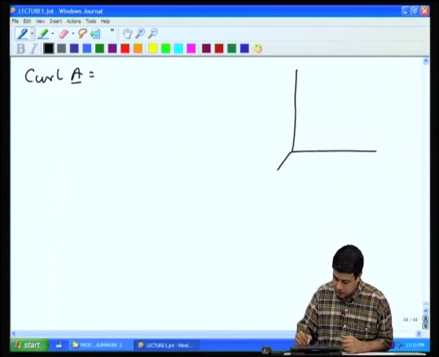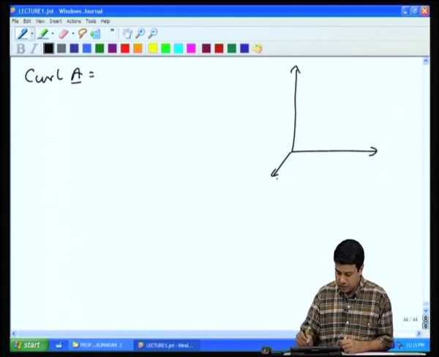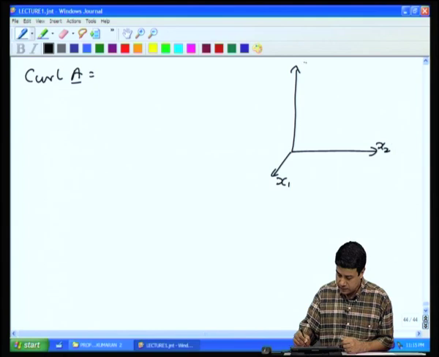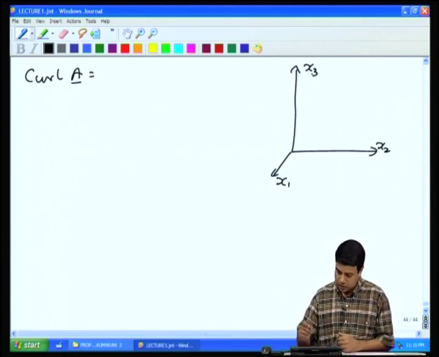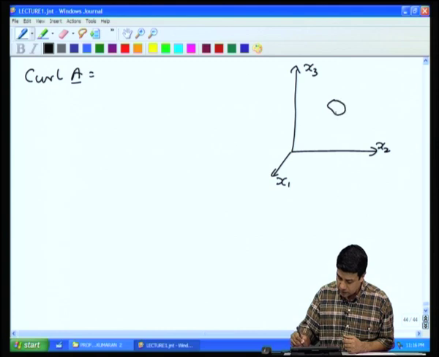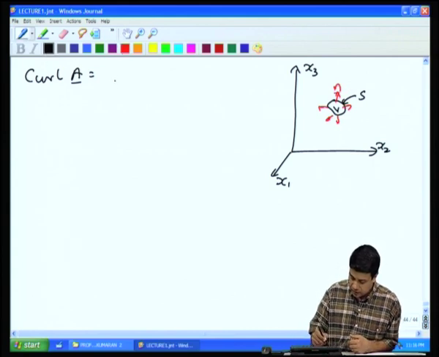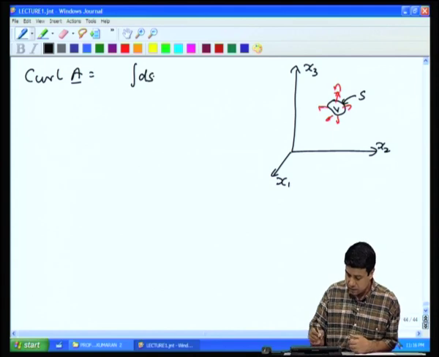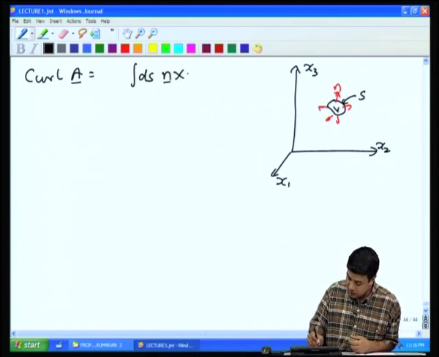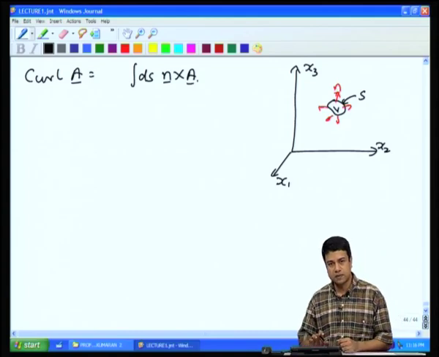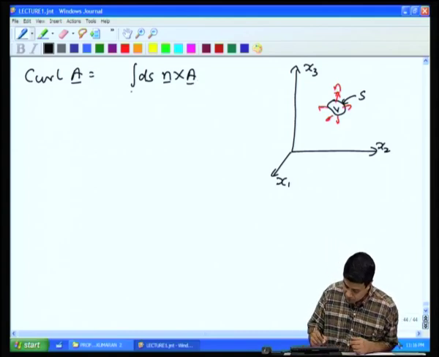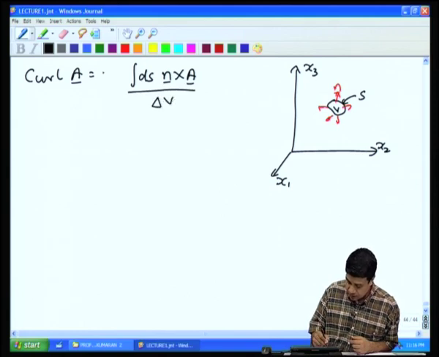Once again you have our coordinate system, x 1, x 2, x 3, and you construct once again a small volume V with a surface S. There is a unit normal at each point on the surface n, and the curl of A is defined as the integral over the surface of the unit normal crossed with A, the cross product of the unit normal and A, divided by the volume, in the limit as delta V goes to 0.